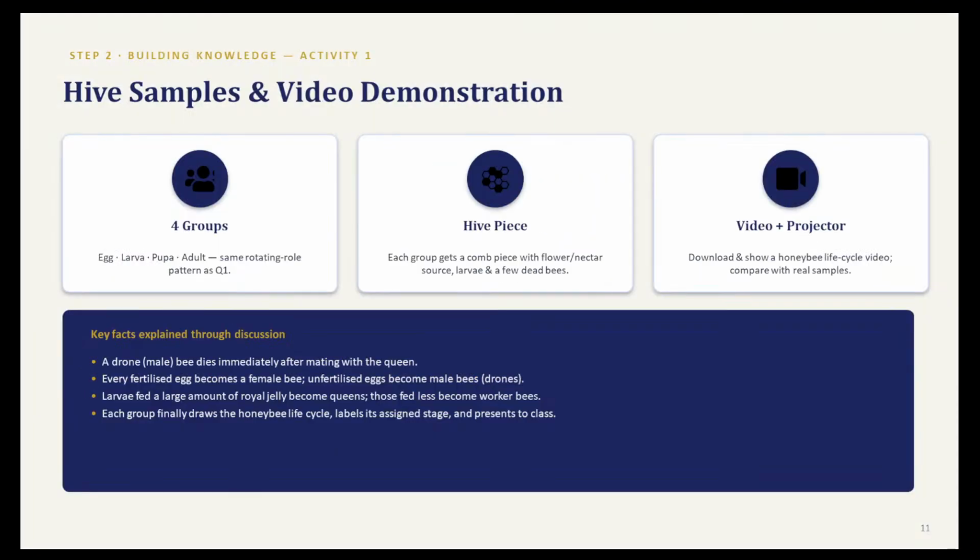So in building knowledge, next I divide the students into four groups, just like in the previous question, and each group observes honeycombs, larvae, and dead bees if available. Then I show an educational video explaining the honeybee life cycle.